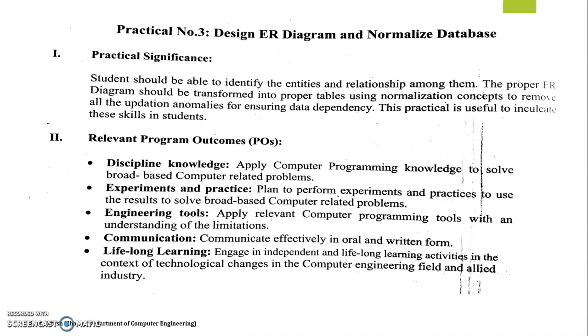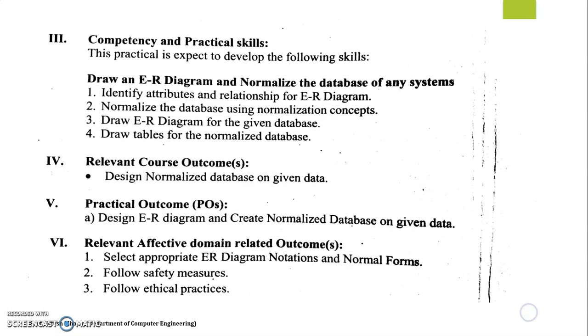Relevant program outcomes: discipline knowledge, experiments and practice, engineering tools, communication, and lifelong learning. Competency and practical skills: this practical is expected to develop the following skills: identify attributes and relationships for an ER diagram, normalize the database using the normalization concept, draw the diagram for a given database, and draw tables for the normalized database.